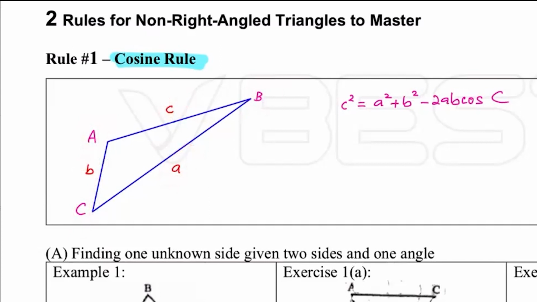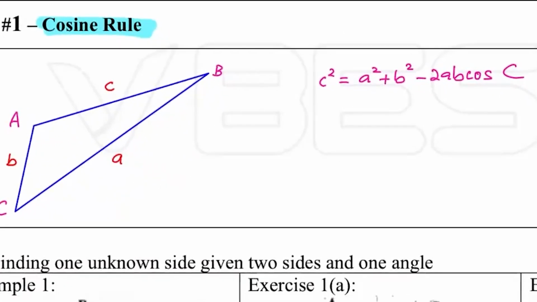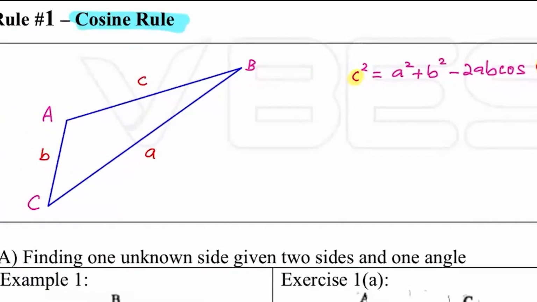When you want to find the value of c, what angle do you need to use? I'm going to use the opposite angle.